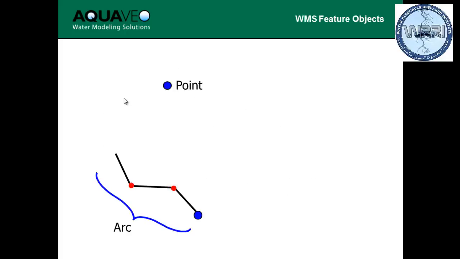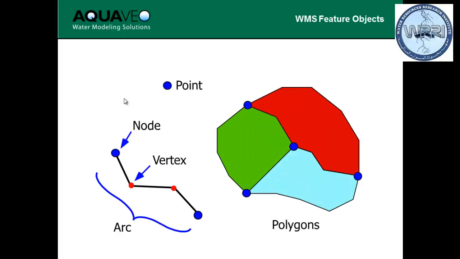So WMS feature objects, you have points, arcs, and polygons. A point is just a point, an XY location that's by itself. It's not connected to any arcs.